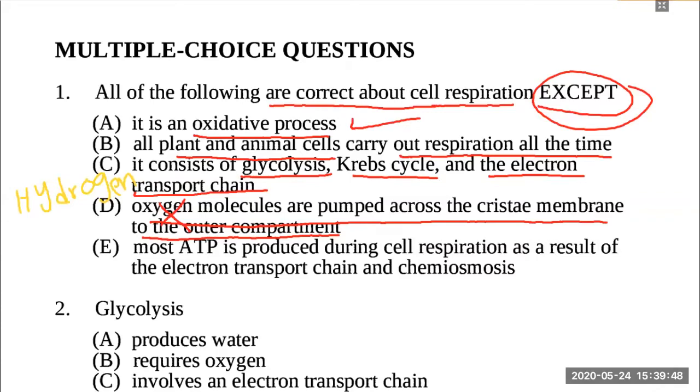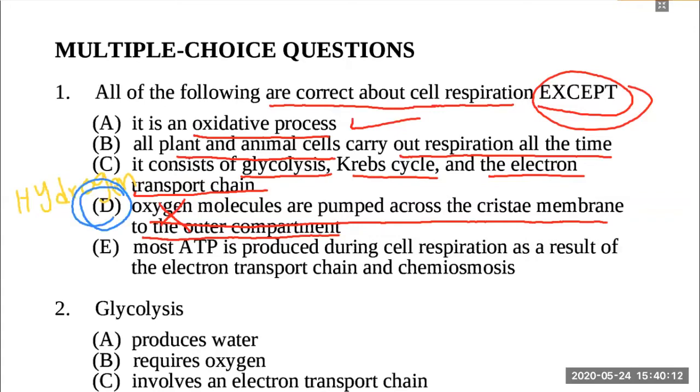As a result, ATP molecules will be produced, which is the aim and the most important result of cellular respiration. So the answer for the question is D.